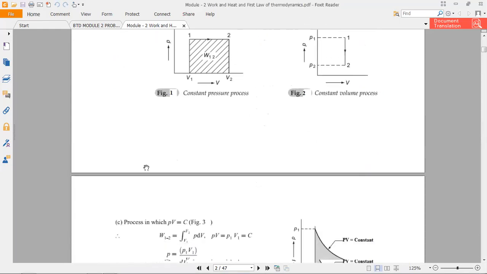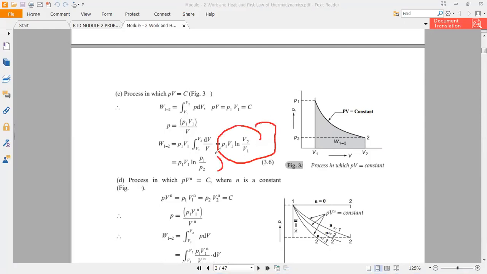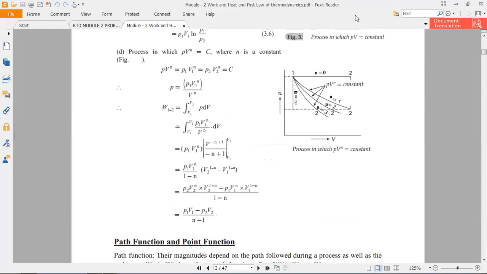Later the isothermal process: P1 V1 ln of P1 by P2 or P1 V1 ln of V2 by V1. This is the work transfer in an isothermal process. Next, for a polytropic process or adiabatic process, the work transfer equation we obtained is P1 V1 minus P2 V2 divided by n minus 1.